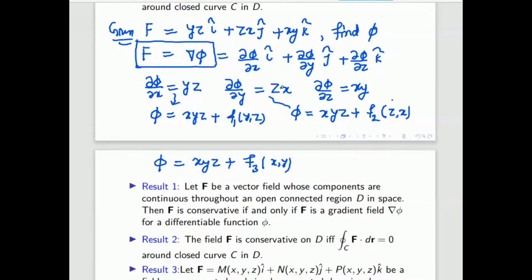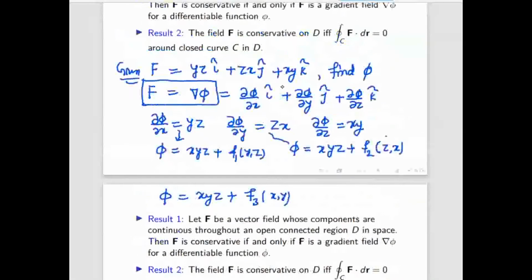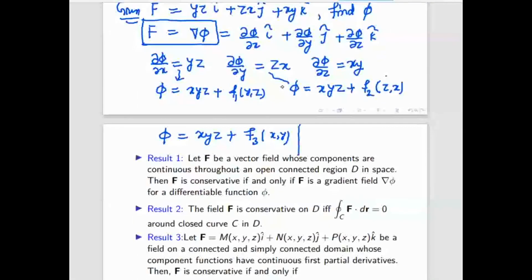So if we are able to find this constant of integration, we will get the complete phi. It is easy to calculate because all these phi are the same. So if we compare all, we will get a relation between these constants of integration, because all are the value of phi.